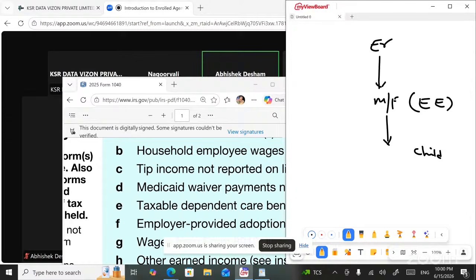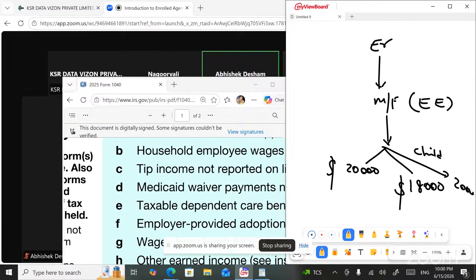So, child. Suppose the employer is supporting, say, $20,000 for example, but the mother incurred only $18,000 for the child care center. So the amount not spent is $2,000.